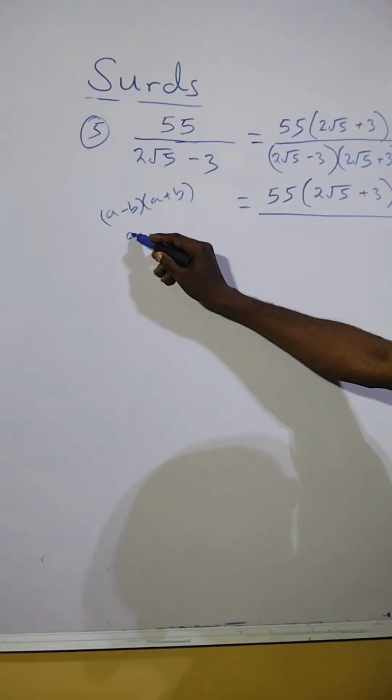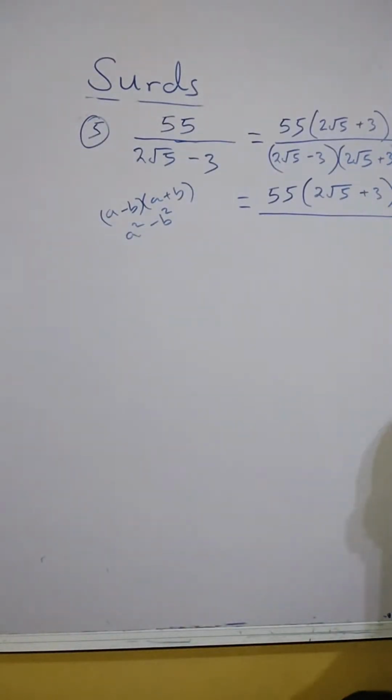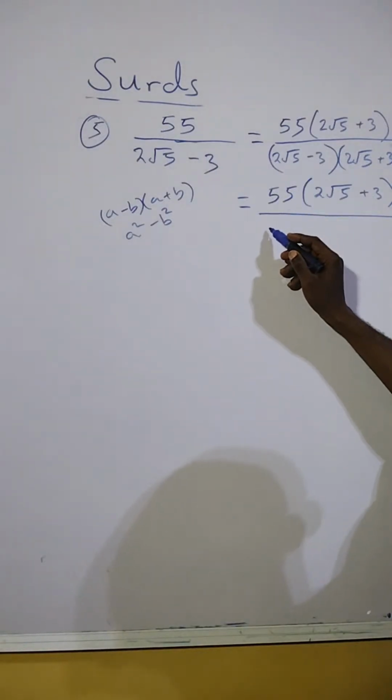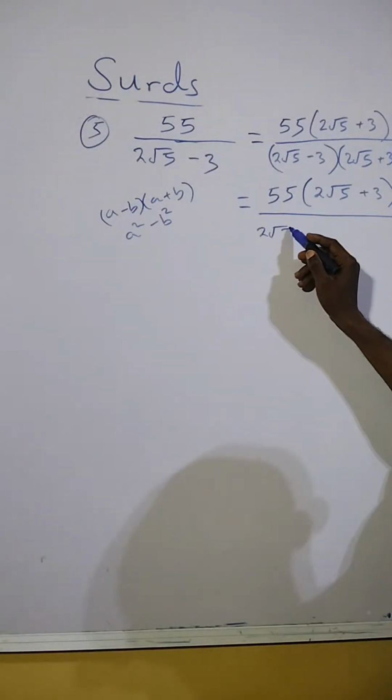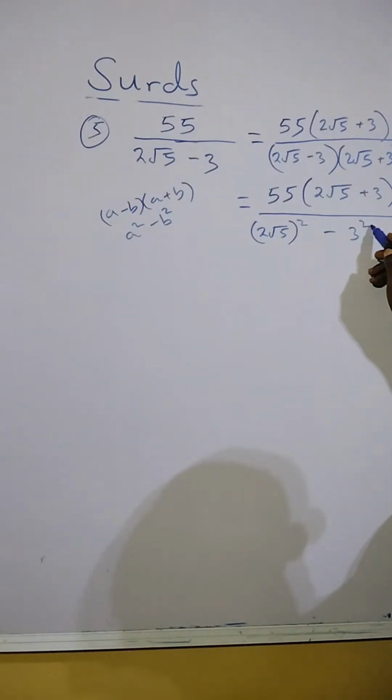This is the same thing as a square minus b square. Here we have 2 root 5 all square minus 3 square.